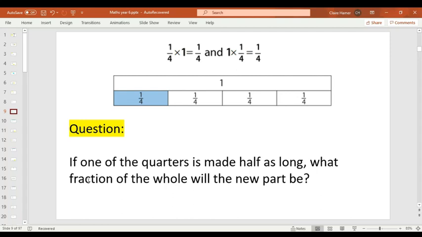My question for you to think about now is, if one of the quarters, so this highlighted one here, is made half as long, so it's cut in half, what fraction of the whole will the new part be? So imagine here, I chop it in half, 2 equal parts. Okay, I'm chopping the 1/4 in half. What fraction will it become? Pause the video and have a think.